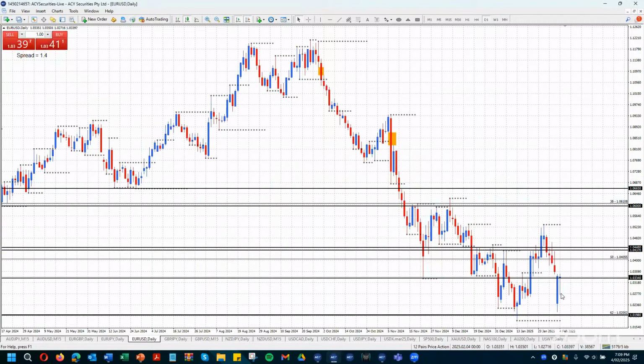And of course, gapping down. So I don't know what the imbalance was that you were thinking about, but there was a little one in here. And that's clearly gotten filled. And what I did notice here on the euro was 79% down here.